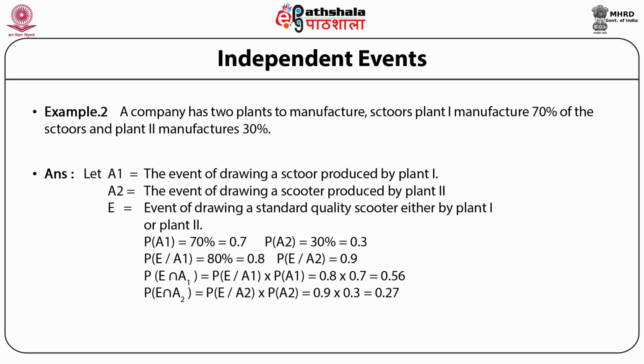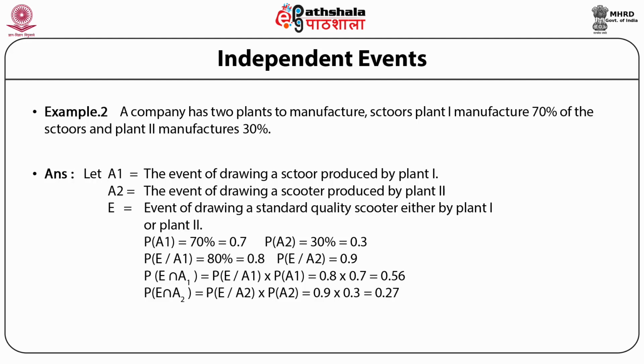Probability of drawing a standard quality scooter when plant 1 is selected is 0.8, and probability of drawing a standard quality scooter when it is selected from plant 2, that is probability of E given A2 has already occurred, is 0.9.